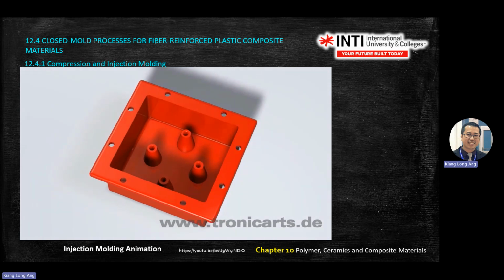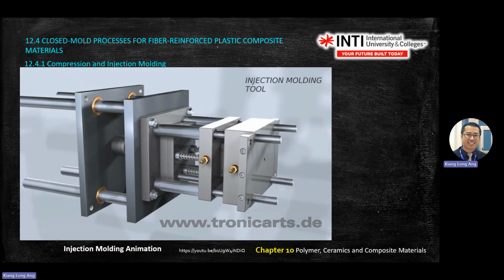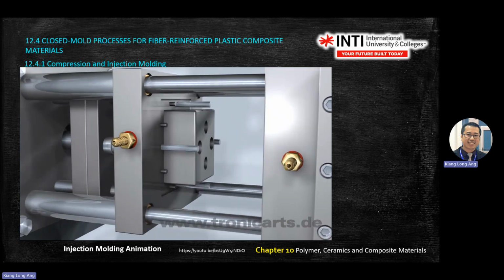Now we are in fiber reinforced plastic composite material. Resin actually is a plastic.